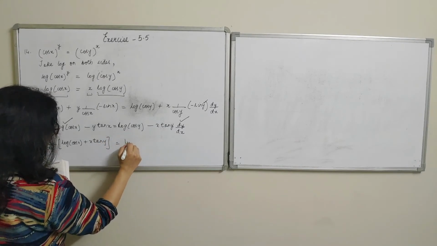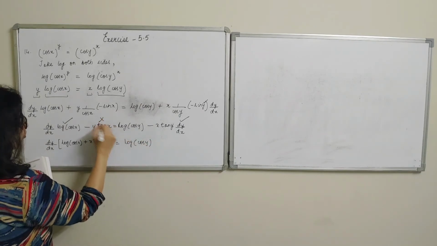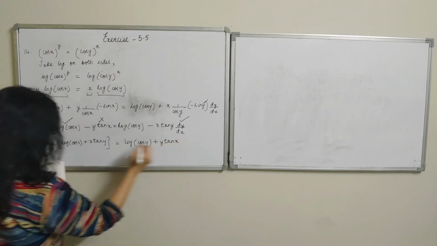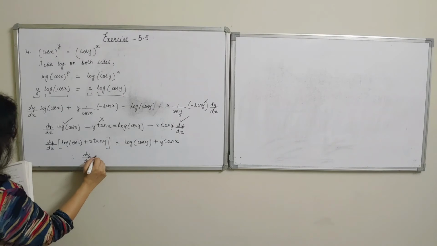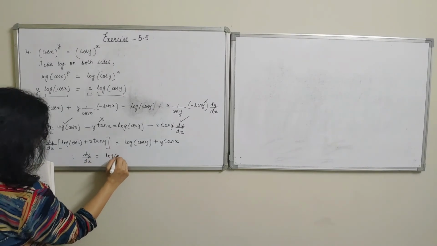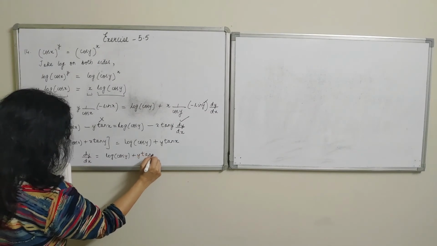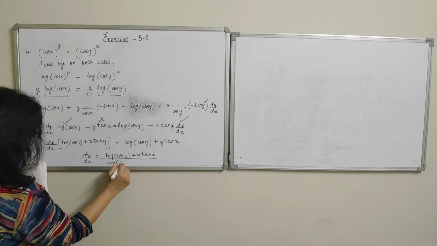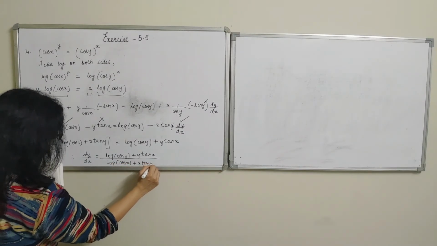This term is already on the right hand side. Bring this term to the right hand side plus y tan x. And now it is easy to obtain dy by dx. So dy by dx is log cos y plus y tan x upon log cos x plus x tan y.